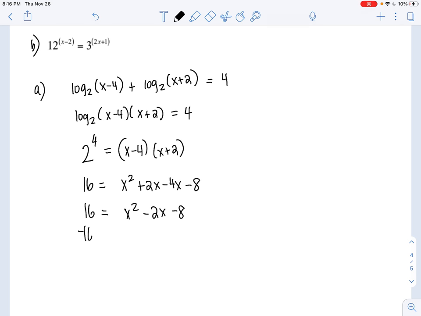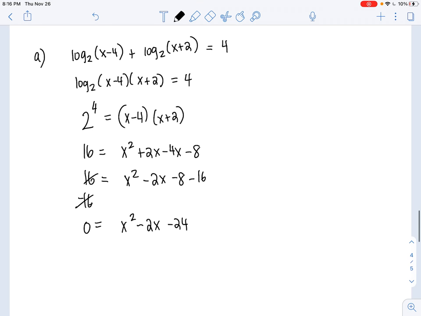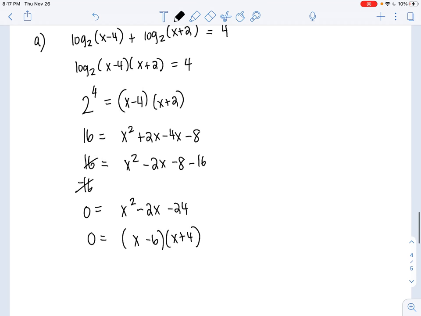And then we're going to subtract 16 on both sides of the equation. Okay, so we want to find two numbers that multiply to negative 24 and add up to negative 2. So that would give us x minus 6, x plus 4.